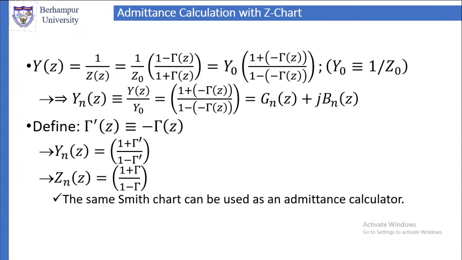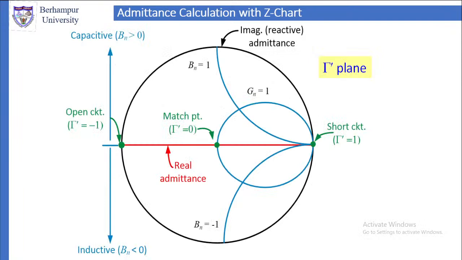Since the form of the expressions is the same, and from the form of Zn we have got the Smith chart, we can use the Smith chart to calculate the admittance. So it can be used as an admittance calculator.